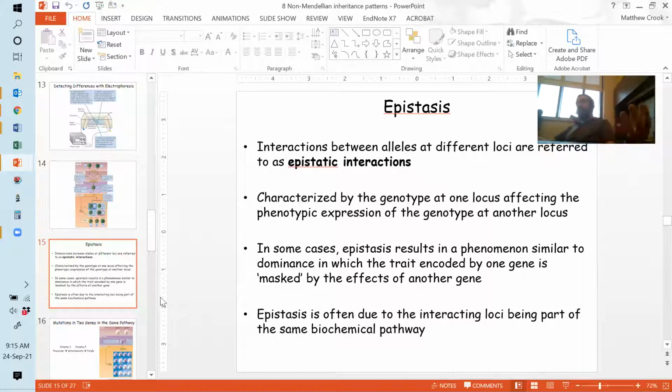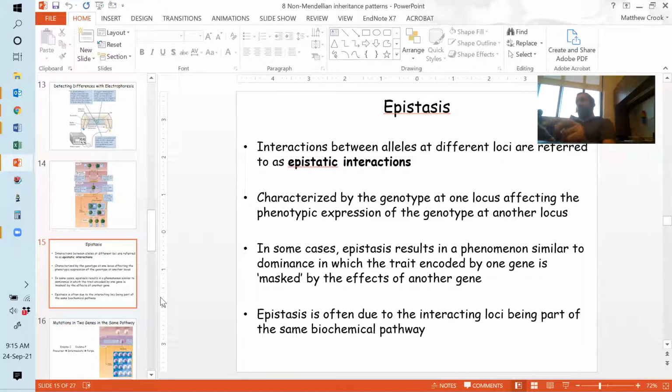This doesn't affect how alleles are inherited. So the law of independent assortment and the law of segregation still hold true, at least in terms of what alleles you get in what gametes. But the phenotype from one trait can mask the phenotype for another.